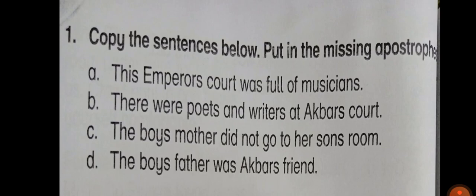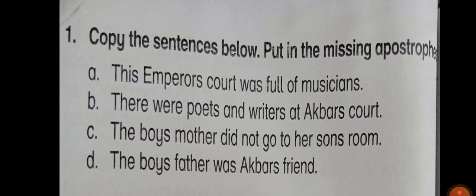Another sentence, the boy's mother did not go to her son's room. Here the boy's mother is telling us the belongingness of the mother to the boy. That means we are talking about the mother that belongs to the boy. So we will add apostrophe after boy, and then there is one more place in this sentence where we have to add apostrophe.